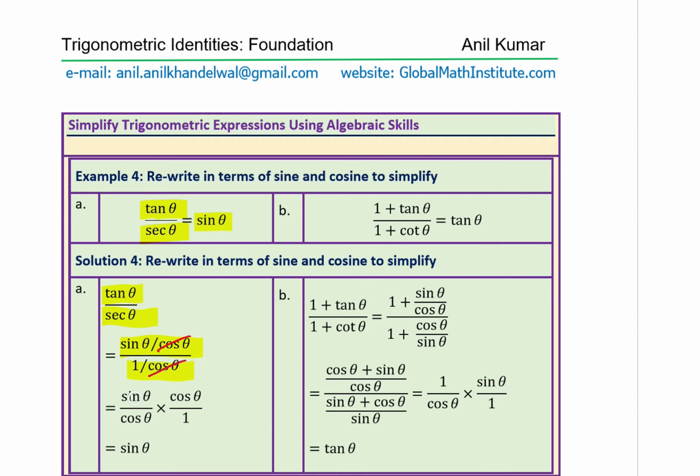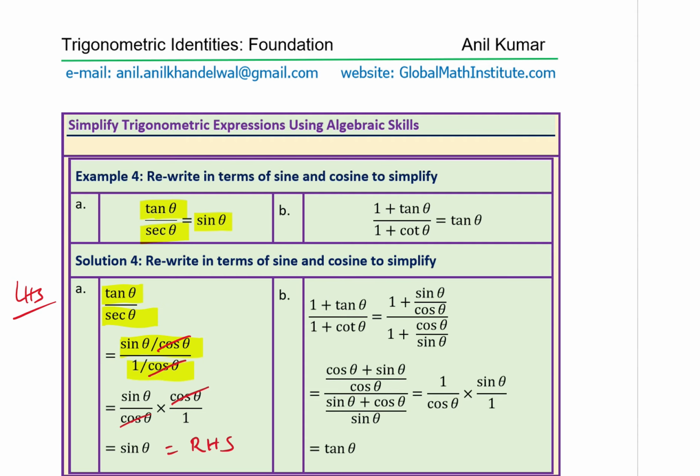So you could write sine theta over cos theta times cos theta over 1, and then cancel, giving us the right hand side. And once we get the right hand side, beginning from the left hand side, we have shown that this is an identity. Left side is equal to the right side. Similarly, with (1 plus tan theta) over (1 plus cotangent theta) equals tan theta, just replace tan theta with sine theta over cos theta and then simplify to get the result. So a combination of these strategies works.